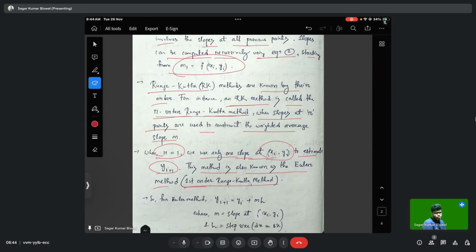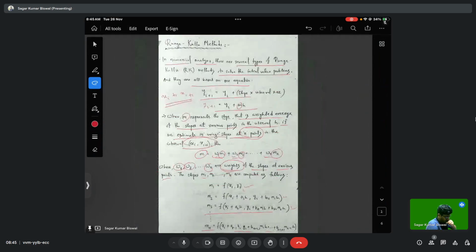Now if you choose 2 points to find the slope in the interval xi to xi plus 1, then that will be the Runge-Kutta method of order 2, or second order Runge-Kutta method. Similarly, if you choose 3 points in the interval, it will be the third order Runge-Kutta method. If you choose 4 points, that will be the fourth order Runge-Kutta method, and we usually use the fourth order Runge-Kutta method, the RK4 method. The RK4 method is the most important one, right?